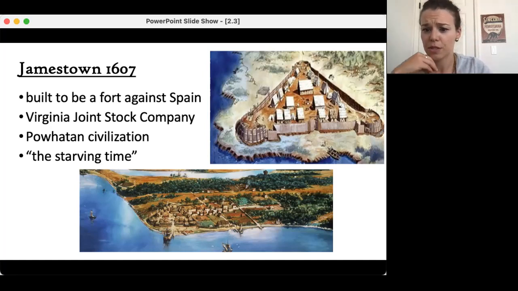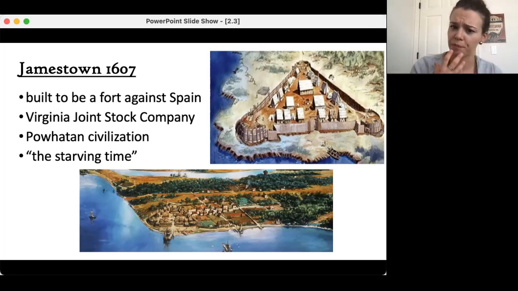You have Panuke, Rappahannock, Nipmunks. There's about 15,000 different peoples in the Potawatomi Confederacy. And these different tribes are socially and politically similar in many ways. In many ways, this confederacy is similar to Southwestern civilizations.